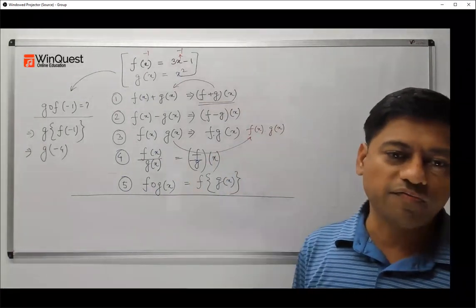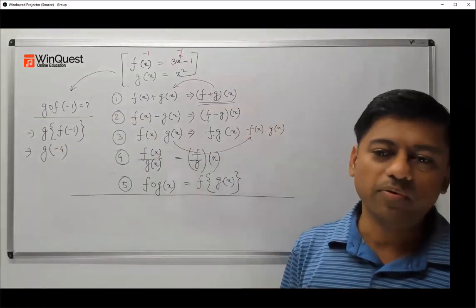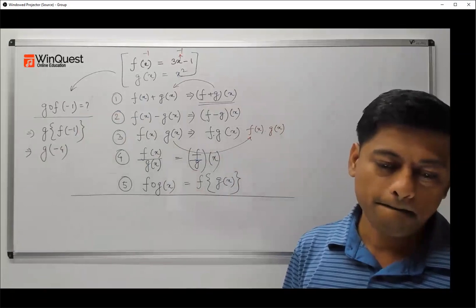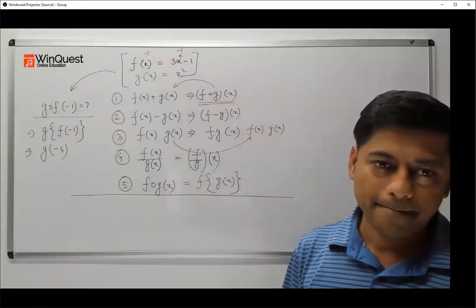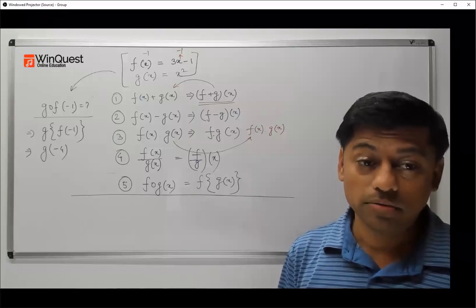Now go back to the g function and apply this -4 and tell me what happens. 16. You square it, because it's x squared.